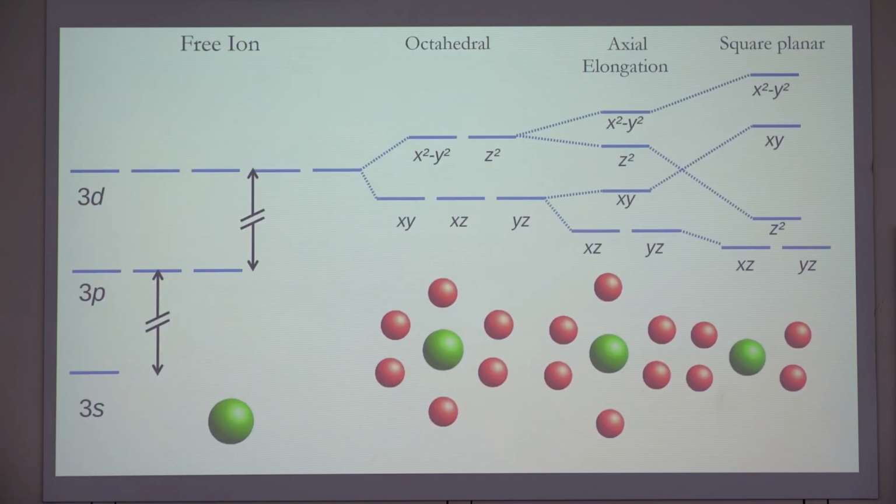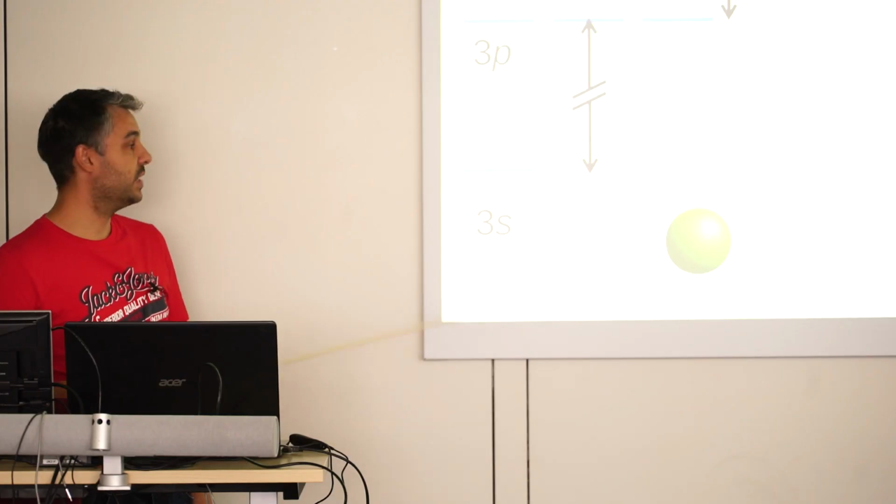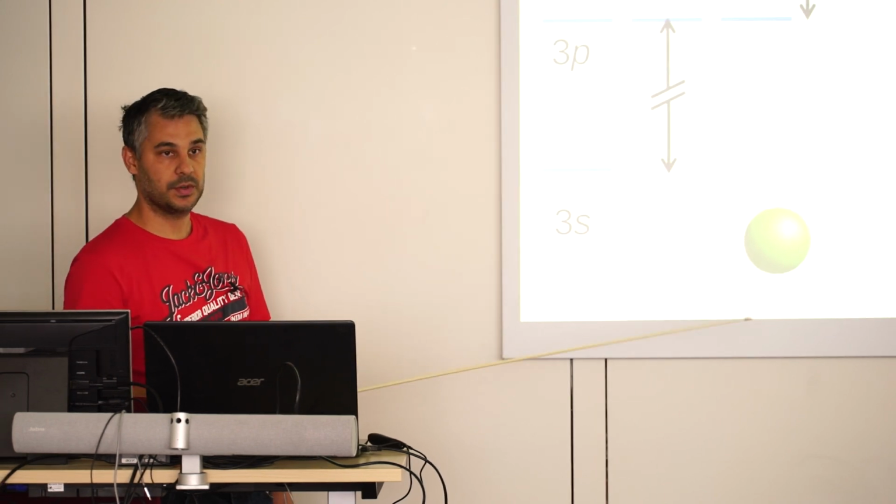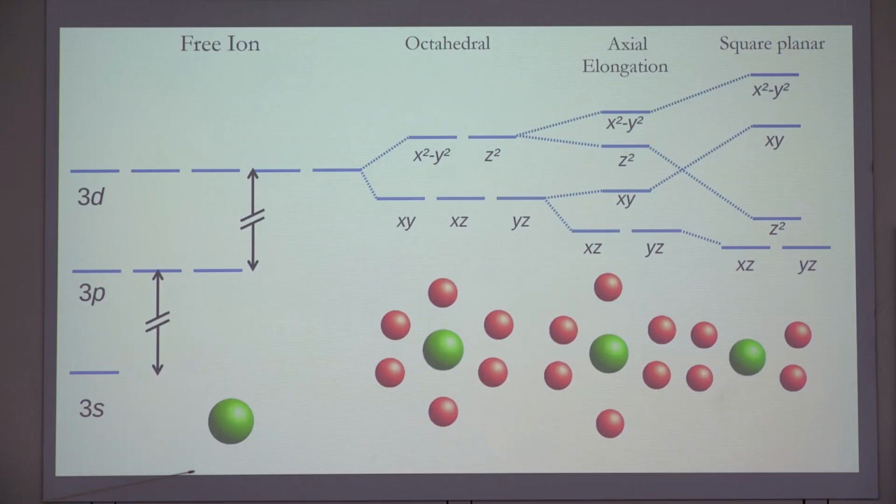If you have a more complicated system, like an ion in a ligand field, you have more orbitals and more states. But if you only consider the ones in the third row, for example iron, cobalt, copper, etc., you have 3s, 3p, 3d. These are degenerate for the free ion.